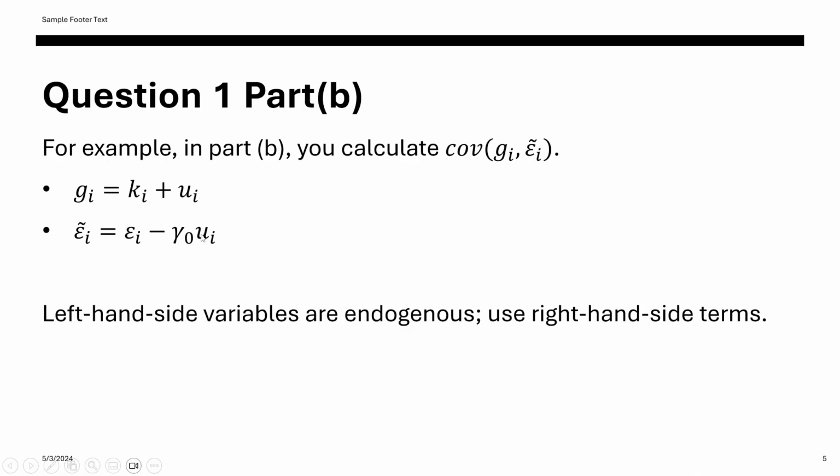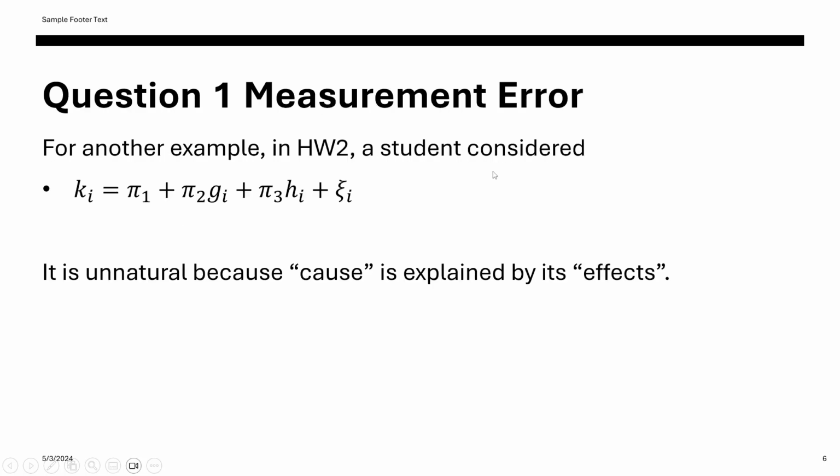So the right-hand side is structural underlying variables, but the left-hand side is a result of that or just our arbitrary notation, right? So you have to replace G with the underlying variables, how it is generated, and epsilon tilde with this, okay? So the endogenous variables are not convenient in this calculation because it's like a theoretical analysis.